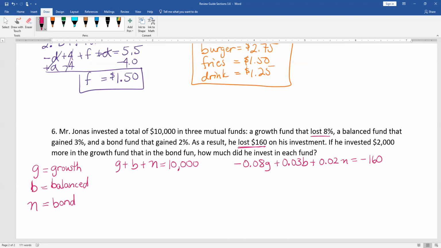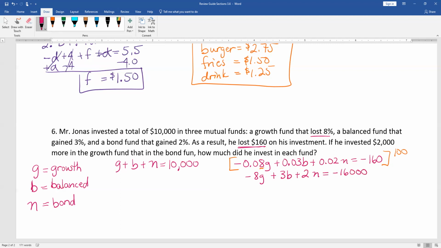All right, so what I mean by simplifying is I'm getting rid of these decimals. I don't like them. All right, now my smallest decimal is in the hundredths place, so I'm multiplying the whole thing times 100. So that moves my decimal 2 places to the right. So this becomes -8g plus 3b plus 2n, and then just tack 2 zeros on that 160.